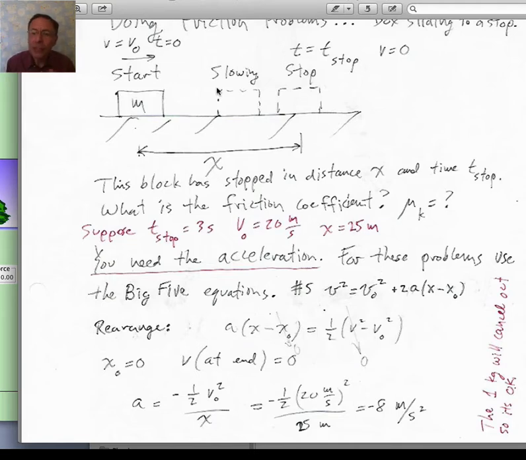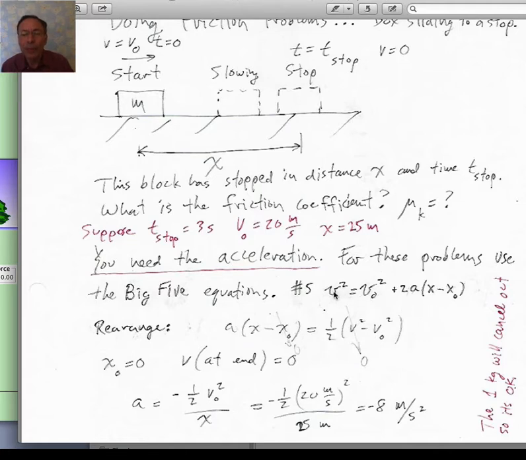If the acceleration is constant, then we can use the big five equations, right? That's what they're for. They're for situations where the acceleration is constant. So looking at the formula sheet, big five, equation number 5 is this one. This is the one that is going to be appropriate, right, given all the things that we know and don't know.